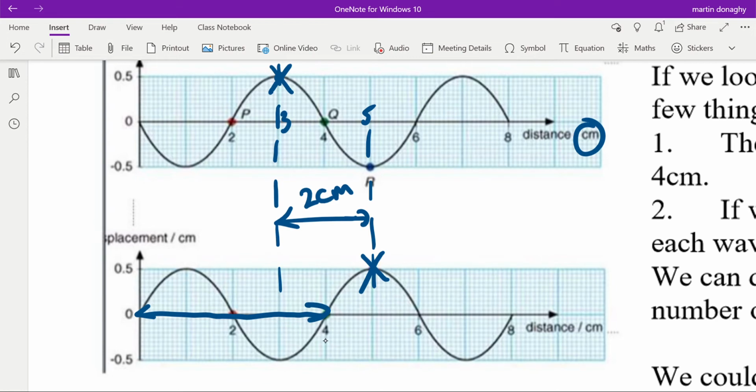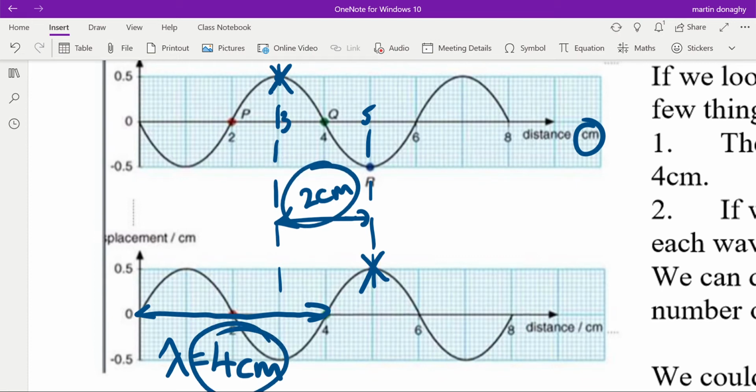Here, the wavelength is 4 centimeters. So it's 2 centimeters out of phase, but a wavelength is 4 centimeters. What fraction of a wave is it out of phase? Well, that's 2 divided by 4, so they're basically half a wave out of phase. And that's a much better way of describing it, because that does tell us how they interact.